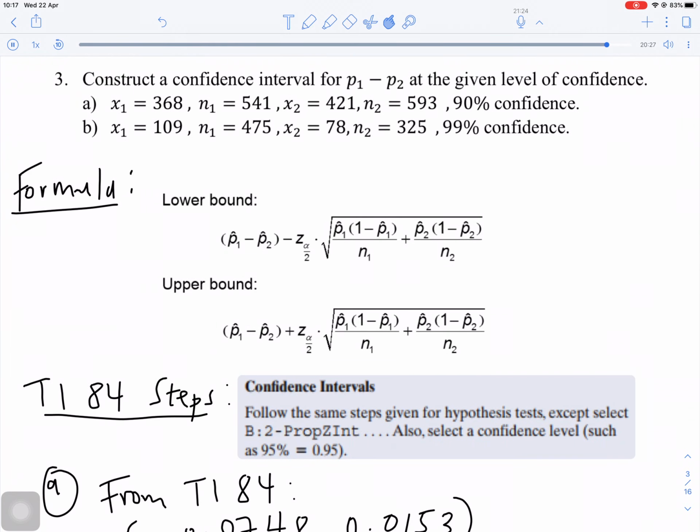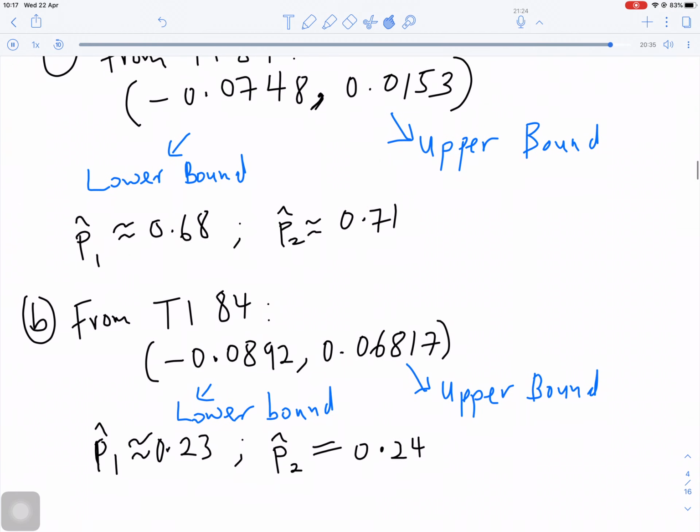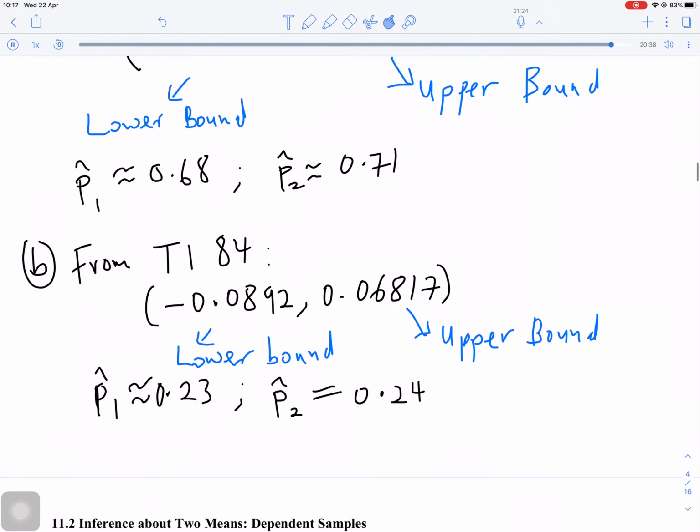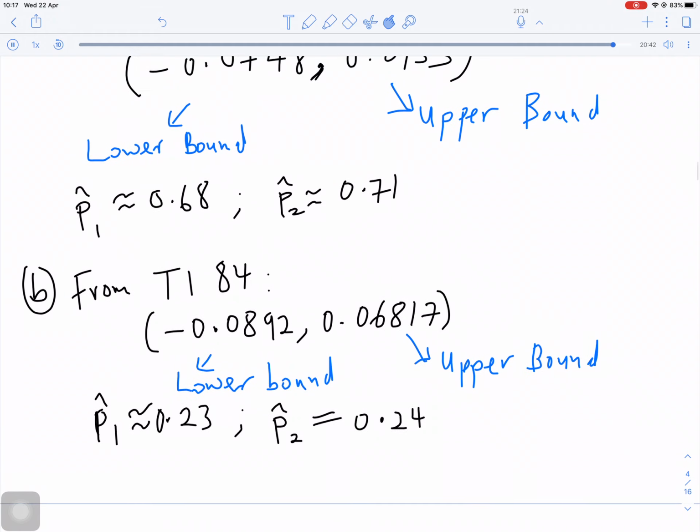You specify the X1, N1, X2, N2, and the C value in this case is 0.99. We hit enter, and the very first output is the lower bound and the upper bound, negative 0.0892 and 0.06817. So that gives us the confidence interval for B.